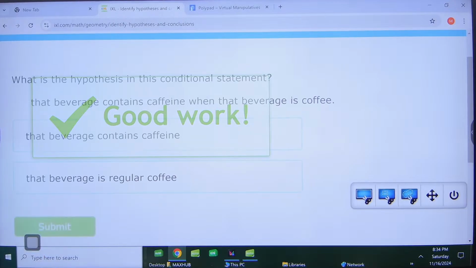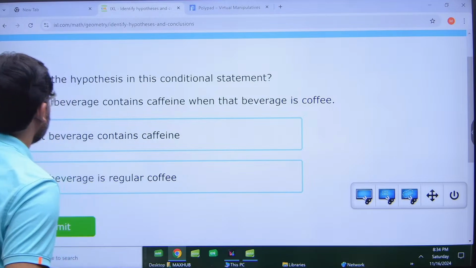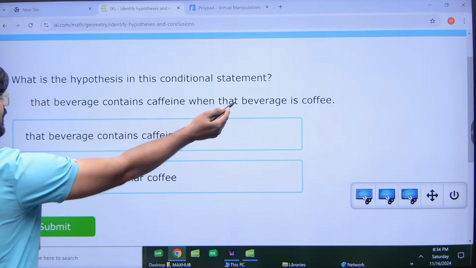What is the hypothesis in this conditional statement? That beverage contains caffeine when that beverage is a coffee. That beverage contains caffeine. That is hypothesis. I think if that beverage, okay, if beverage contains caffeine, then it is a coffee. Okay.